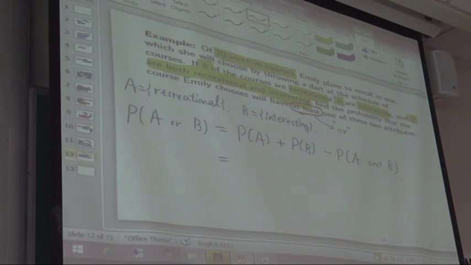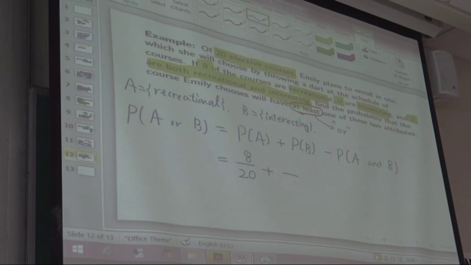So we have a total of 20. Remember that 20 is the whole space, or the sample space. And 8 of them are recreational, in set A. So what is the probability of A? 8 over 20. The 20 is always on the bottom, right? That's the whole space. So 8 over 20 is the probability of choosing A. And how about the probability of B?